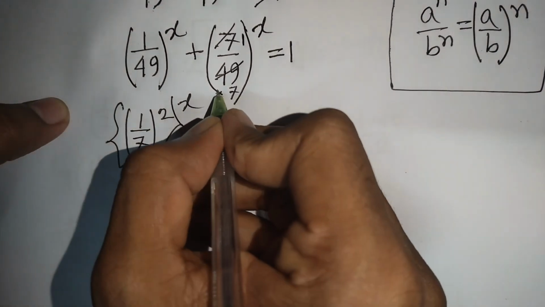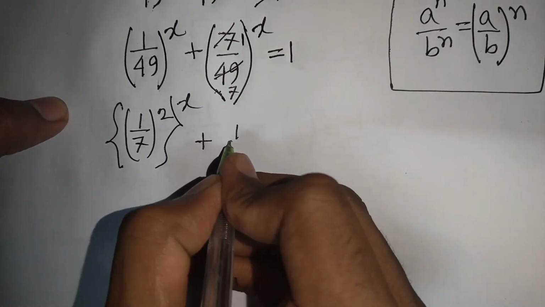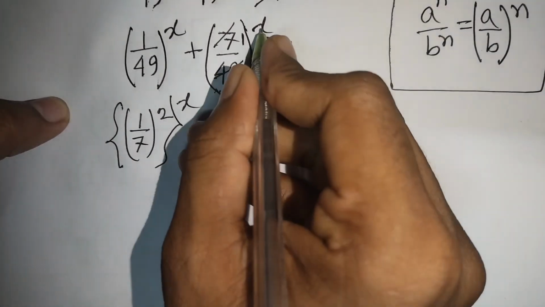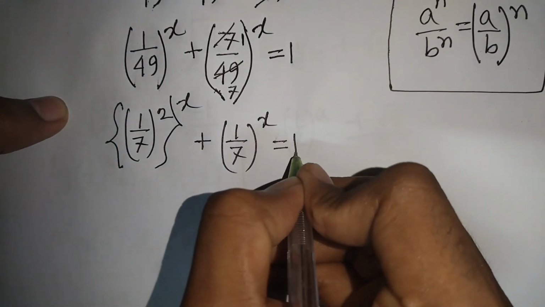Now here 1 over 7, then bracket power of x is equal to 1.